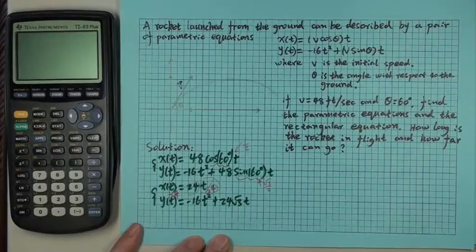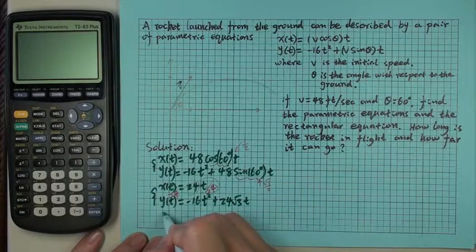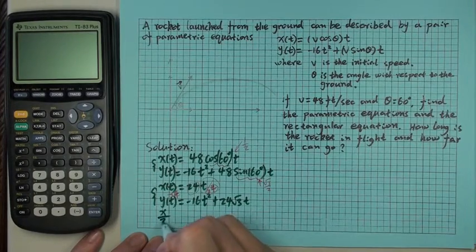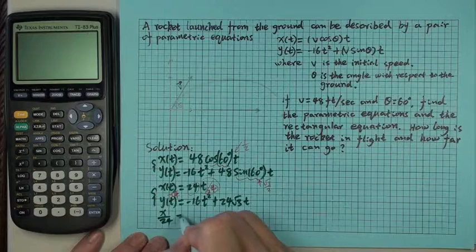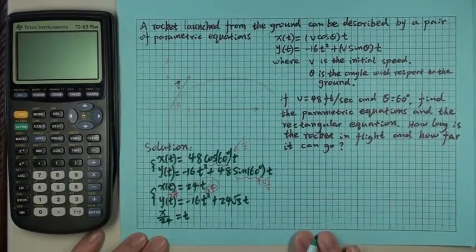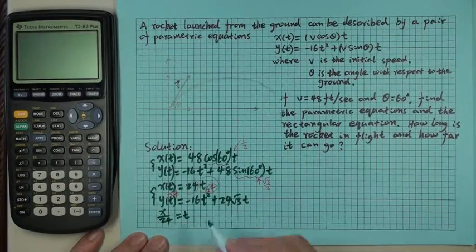What we get is x divided by 24 is t. Then you plug t back into the other equation, and you are done.